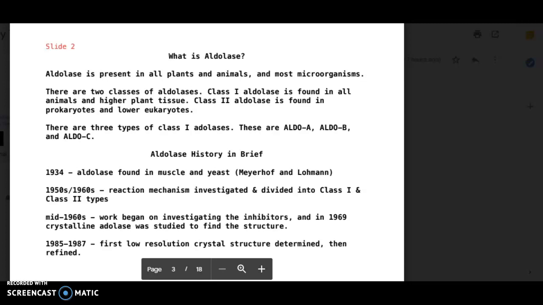In the 1950s and 1960s, the reaction mechanism was investigated, and the classification scheme that divided aldolase into class 1s and class 2s was developed. Work investigating the inhibitors began in the mid-1960s and early 1970s. In 1969, the crystals of aldolase were studied in order to determine the subunit structure. The first low-resolution crystal structure was determined in 1985 and was refined in 1987.